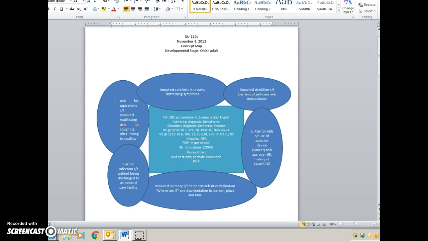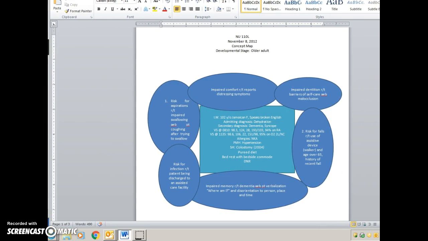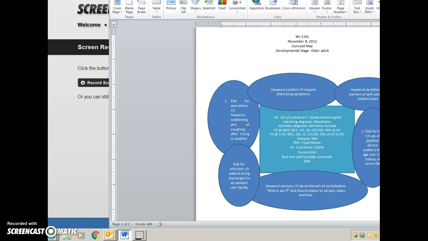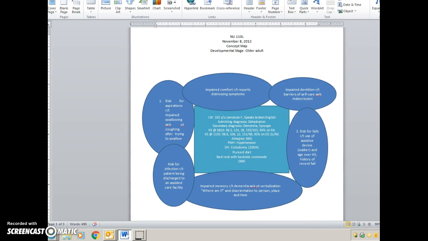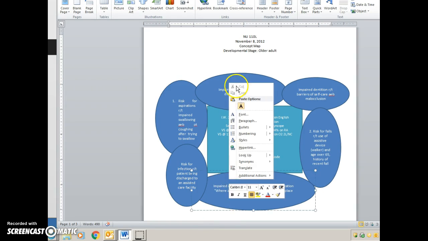So how do you put in those arrows? Well, what you need to do is go up to the top here, click insert. Hopefully I'm not going to make you dizzy here by moving all this stuff. And you are going to put in some symbols.